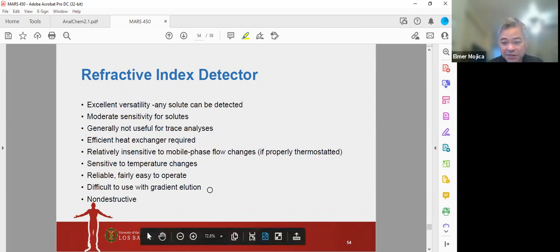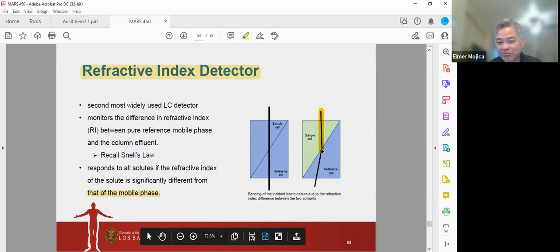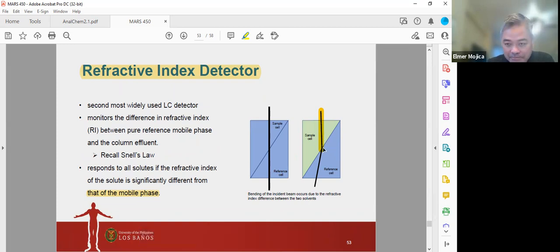If you use it for gradient elution, you lose this, because in gradient elution your composition changes. Those changes in composition mess up the principle, because the reference cell will differ from the sample cell. Whatever you have in the reference cell is usually the original composition.